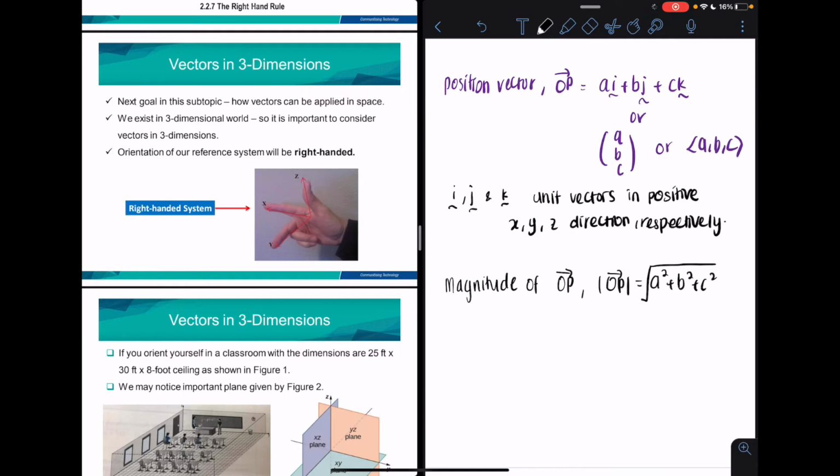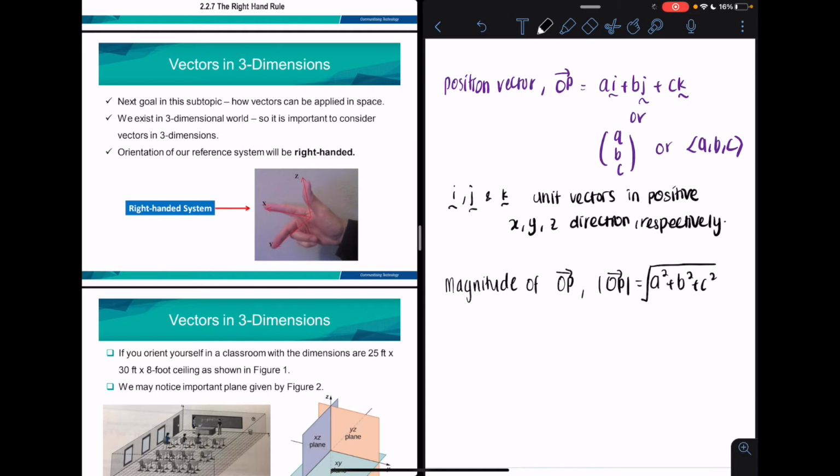This position vector OP can be represented in so many ways. One of them is ai plus bj plus ck, or you can put it in matrix form as shown on the white screen, or you can simply use the pointy bracket to indicate vectors.